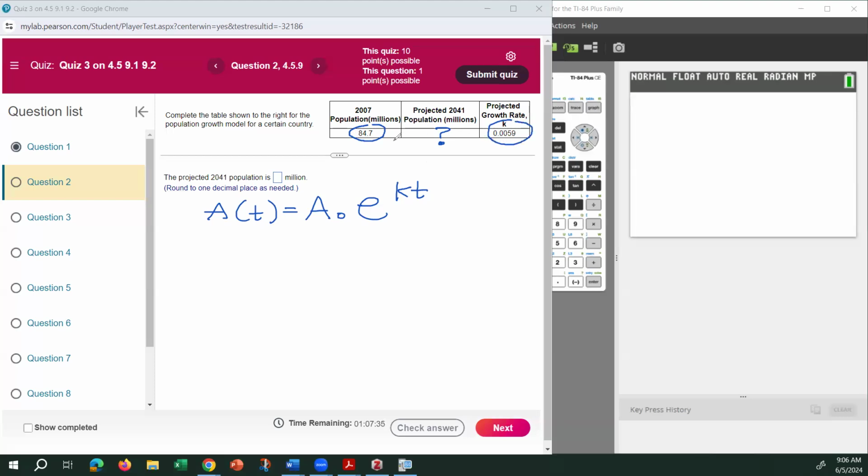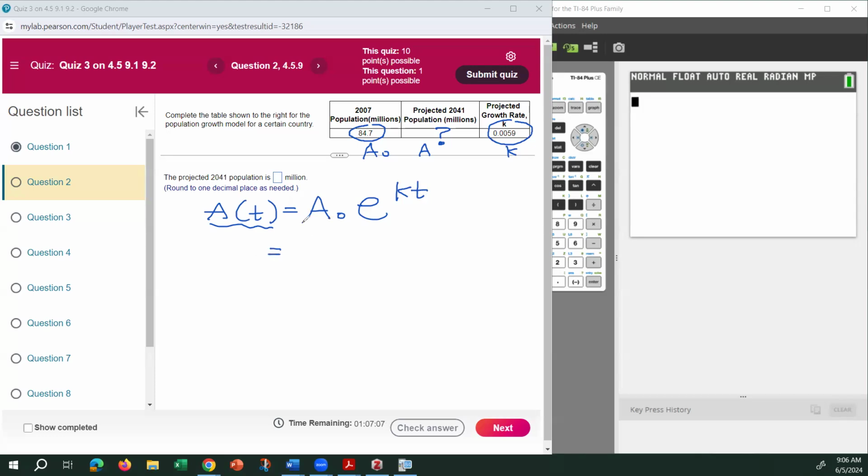Okay, so for this one, this is going to be your initial. And this is going to be your final, the A of T, and then the K is given. And let's find the projected population in 2041.